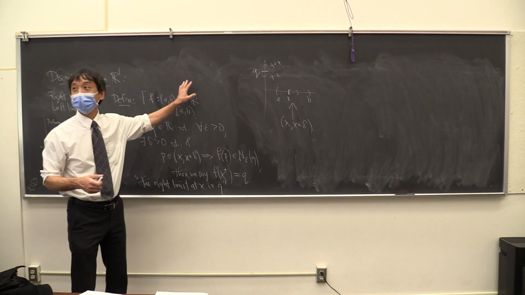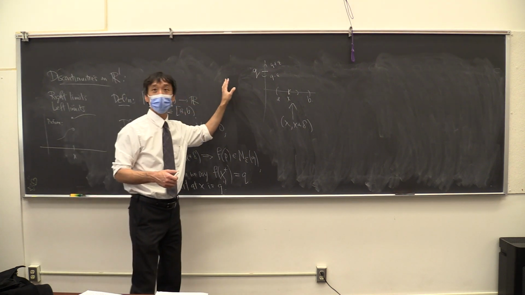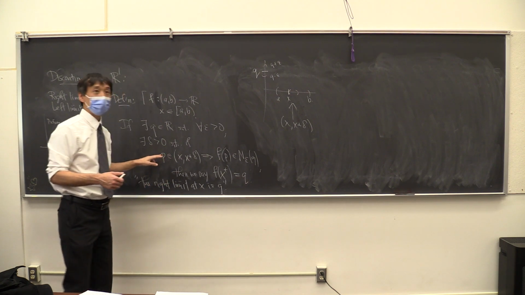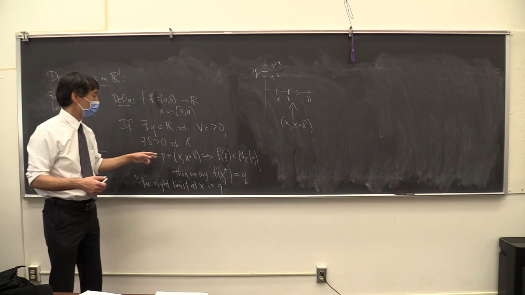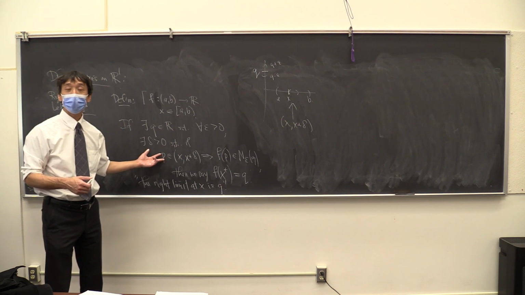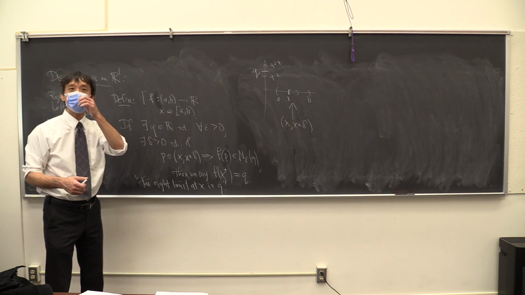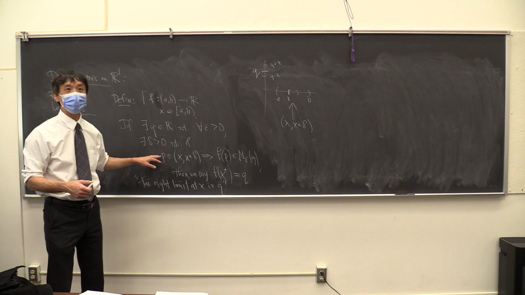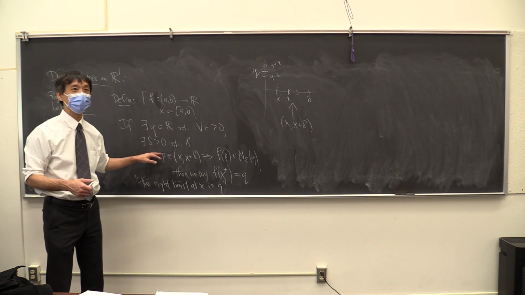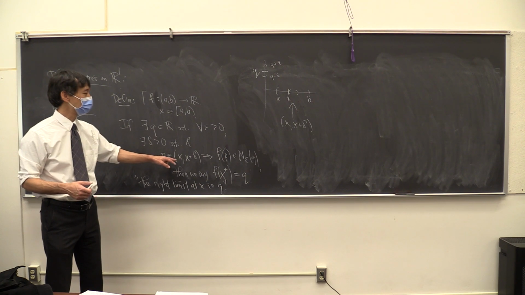Can somebody tell me what the difference is? What would I need to change here to make this the actual definition of the limit? It would need to be an element of (x minus delta, x plus delta).